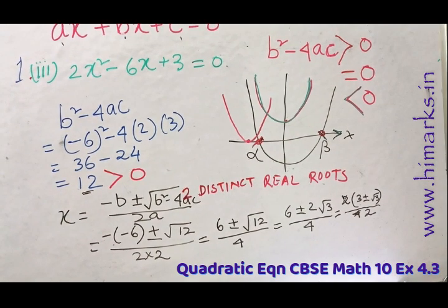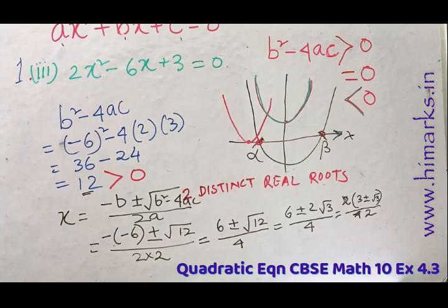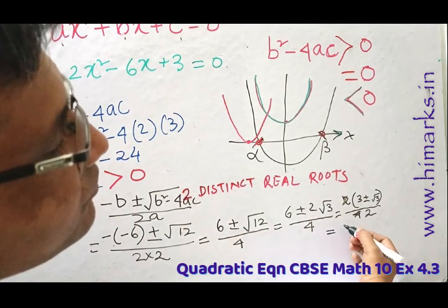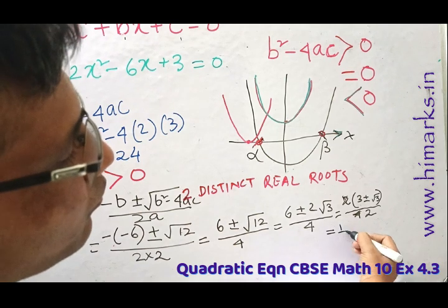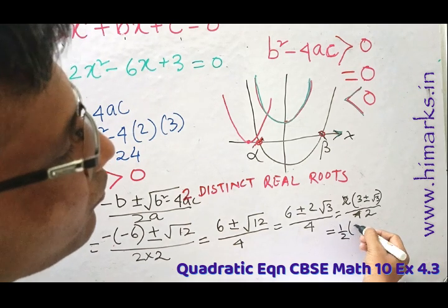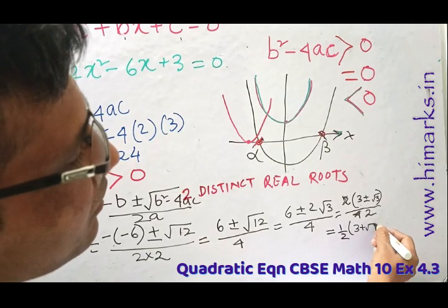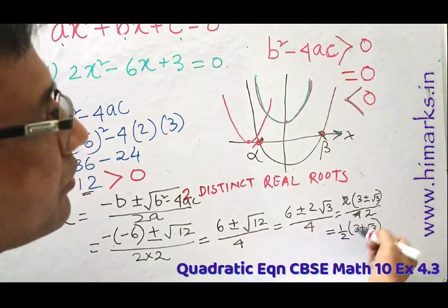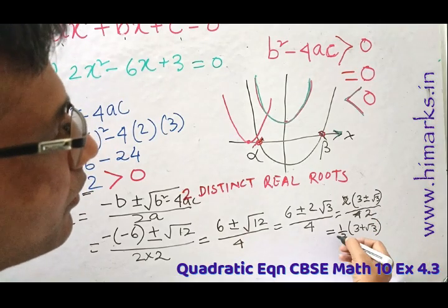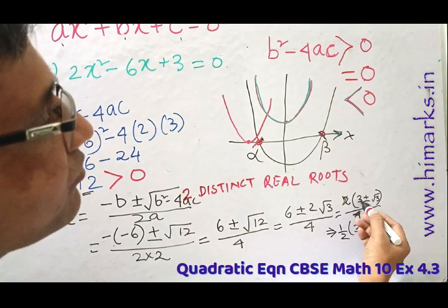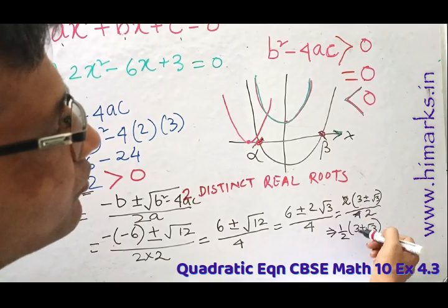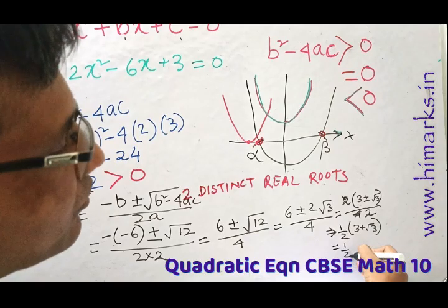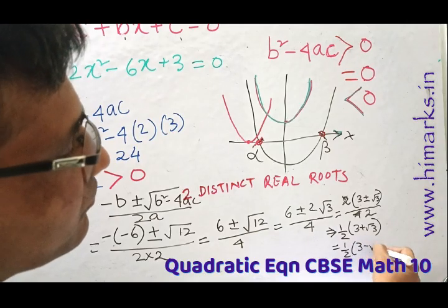Okay, let us zoom a little bit below and I'll write the answer here itself. So your answer is 1 by 2 into 3 plus root 3, and another answer is, so this is the first answer, 3 plus root 3 by 2, another is half into 3 minus root 3.